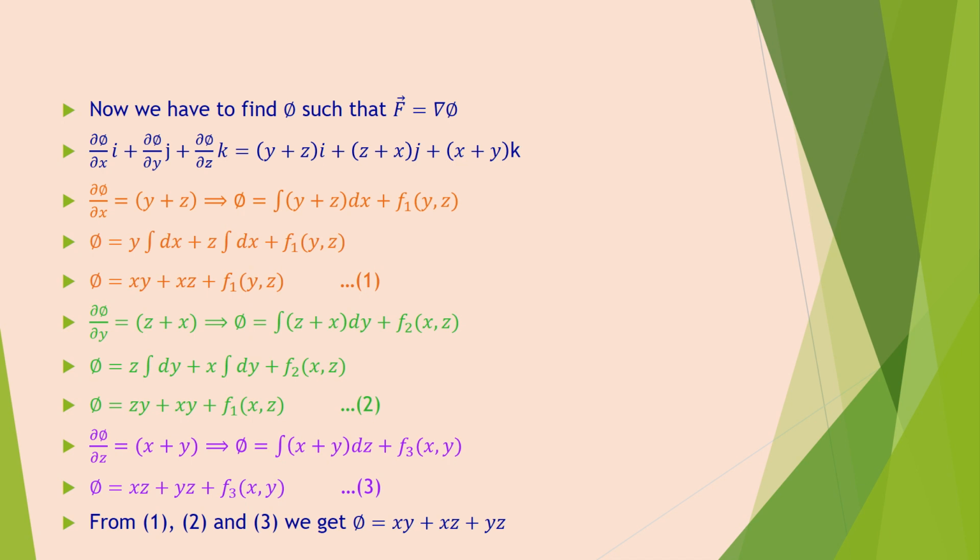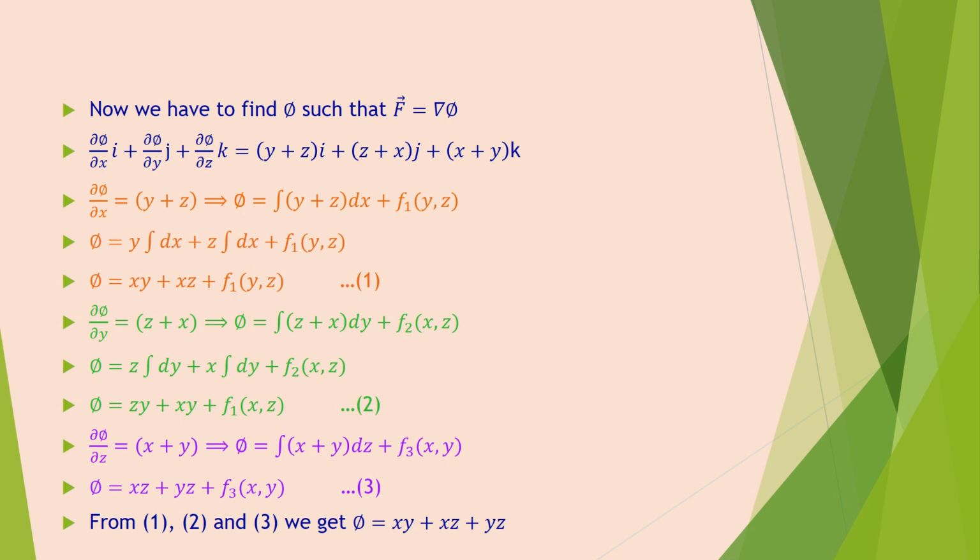It should be in terms of y and z. So in equation 2 or equation 3, do you have any term which has only y and z? Of course, here we explicitly have the yz term. It is there in equation 2 as well as equation 3. So we replace f1 of y, z in the first equation by y into z. So we get the answer φ equal to xy plus xz plus yz.